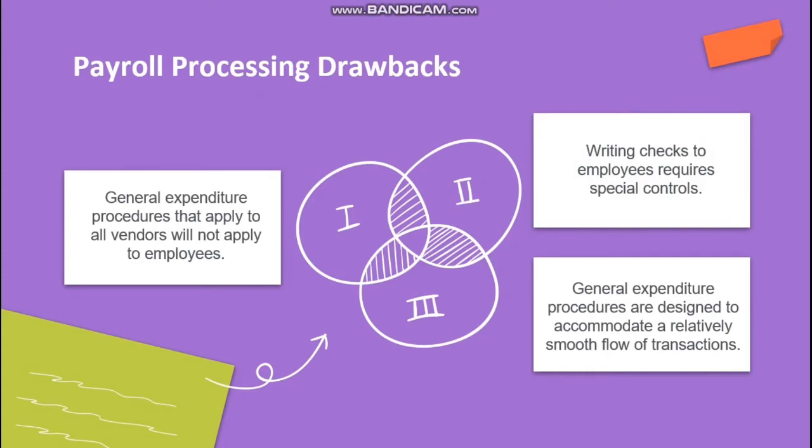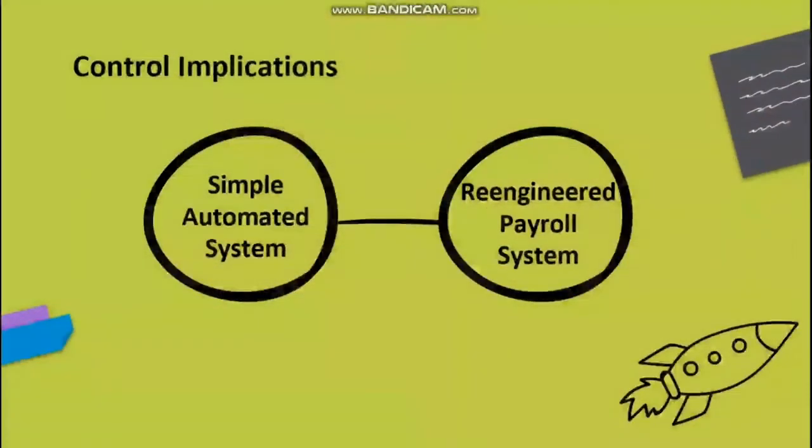Also, because payroll systems run infrequently, such as weekly or monthly, they are often well suited to batch processing and sequential files. Now, to compare the re-engineered payroll system to the simple automated system, for moderate-sized and large organizations, payroll processing is often integrated within the Human Resource Management or HRM system. The HRM system captures and processes a wide range of personnel-related data, including employee benefits, labor resource planning, employee relations, employee skills, personnel actions such as pay rates, deductions, and so on, as well as payroll.